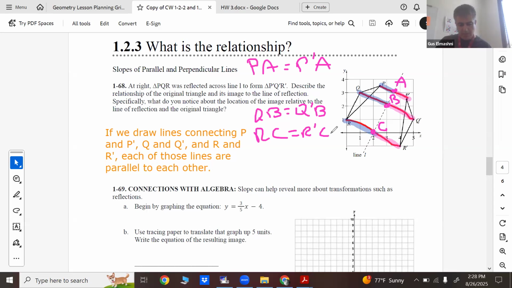Let's talk about 1.69 A, B, C, D. I'm going to have you guys work on that. I'll come around and help you guys out, and then that's where we'll stop for today.